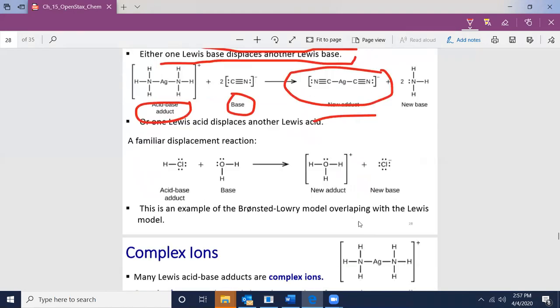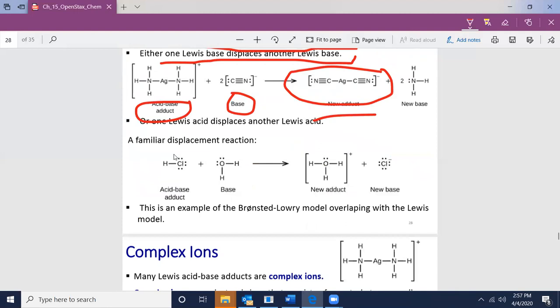A familiar displacement reaction is the hydronium ion. If you look at the hydronium ion, this is your water molecule. This is your HCl molecule. So hydronium is formed when hydrogen comes out of this and goes into this, and this lone pair is used to have a bond between this oxygen and hydrogen.